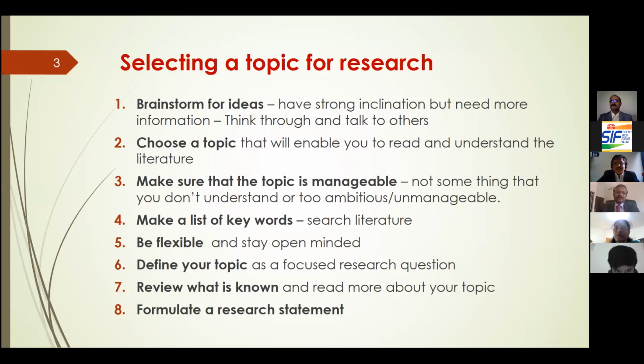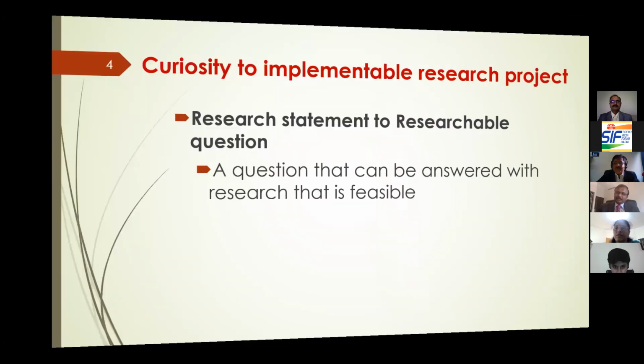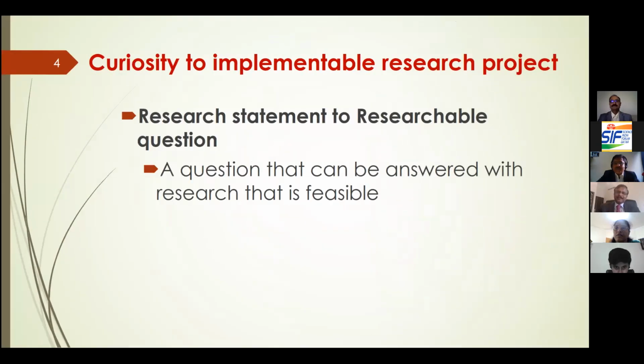You have to define the topic, review what is known about it through literature, and then formulate a research statement, sometimes also known as a hypothesis. Once you have that hypothesis, the next thing to do is develop it into a researchable question, in other words, a research question. That's where we begin today's talk.